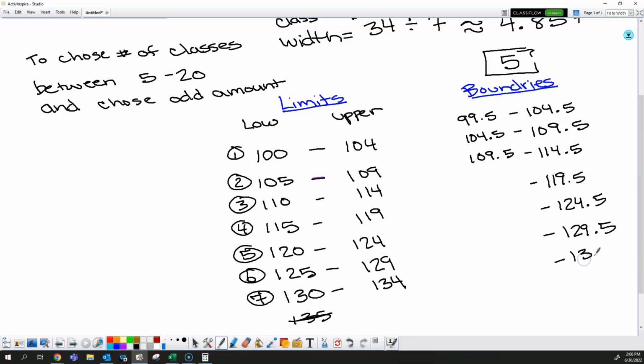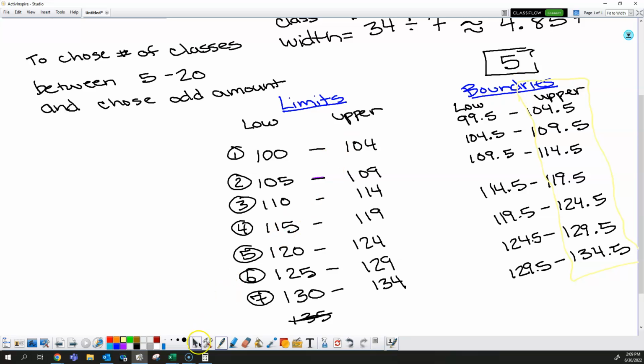And our lower boundary is the upper boundary of the one before it. So this low boundary is 114.5. This low boundary is 119.5. So this is our low boundary. This is our upper boundary. For this problem, we needed to find our upper boundaries.